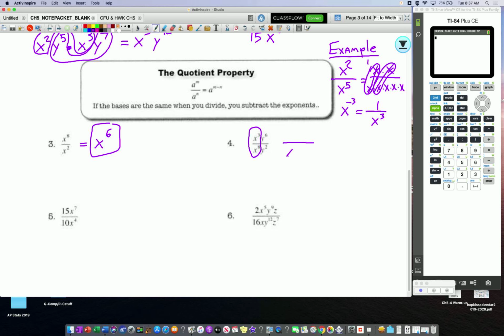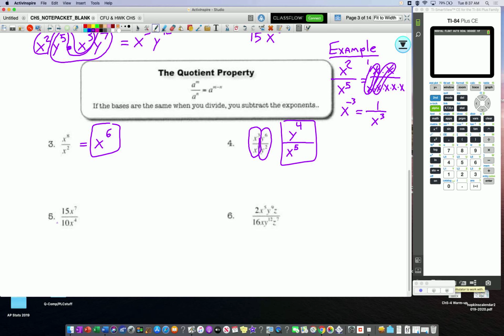But since 8's in the bottom, the x also goes in the bottom, so it's x to the 5th. When I do the y's, y to the 6th over y to the 2nd, 6 minus 2 is 4. 6 was bigger, so the y to the 4th is actually in the top part of the fraction. Sweet. All right, let's take a look at the next one.